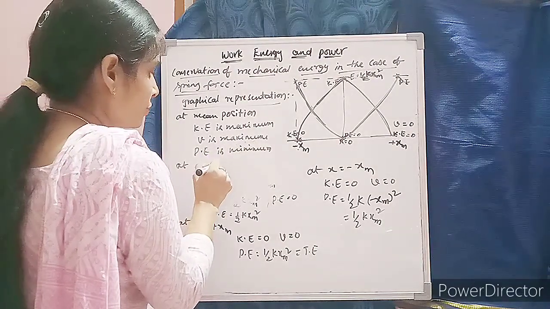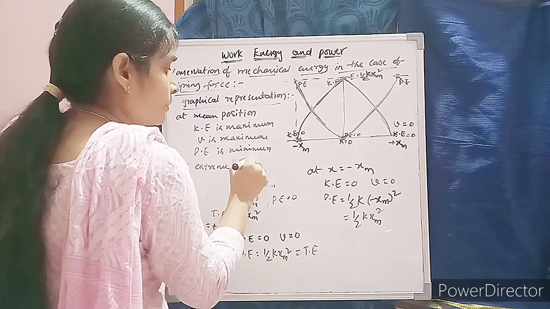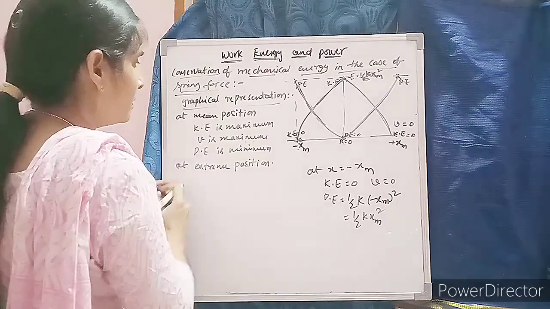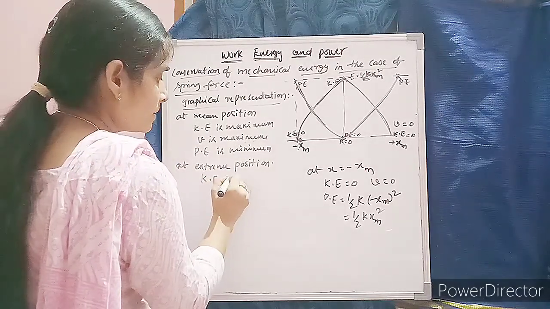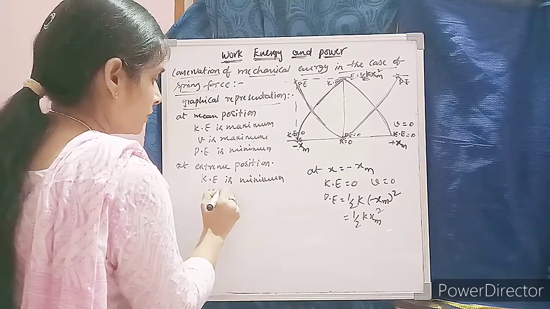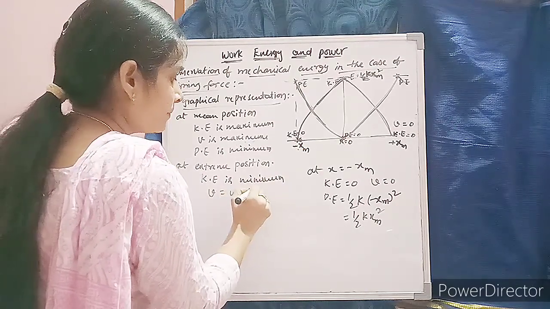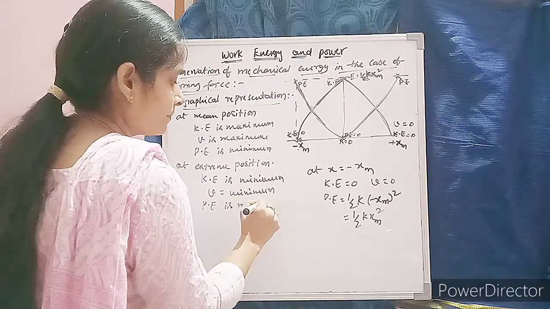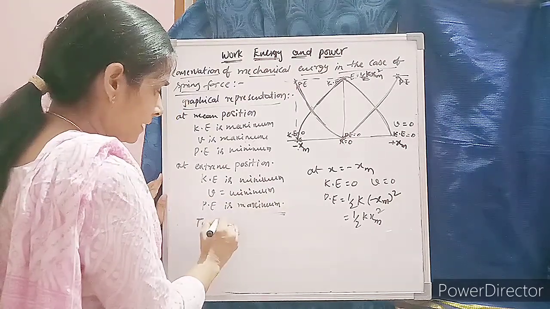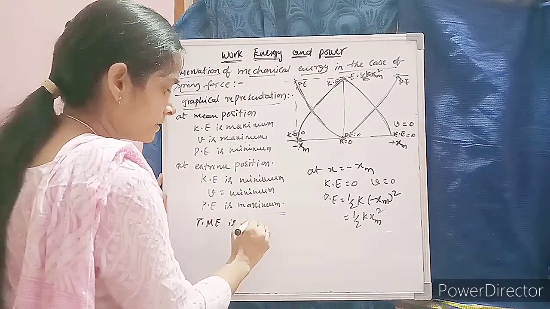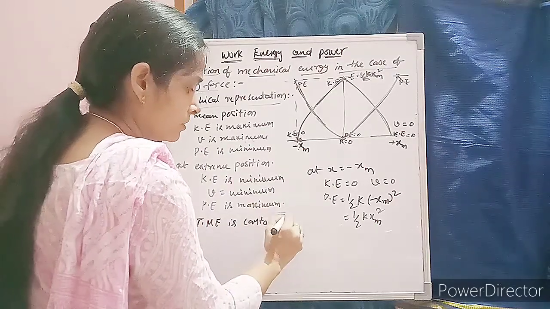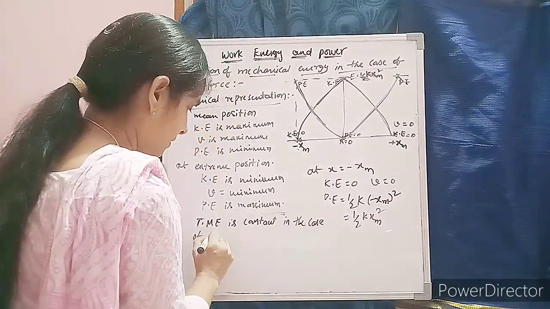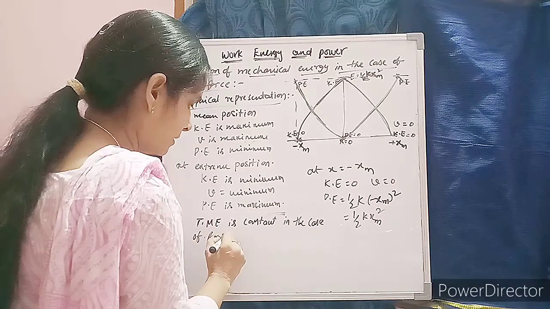Coming to the extreme positions, either at positive x-axis or negative x-axis, either in the compression or expansion, kinetic energy is minimum and velocity is minimum, potential energy is maximum. Total mechanical energy is constant in the case of spring.